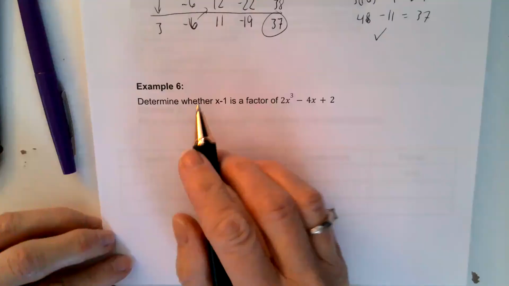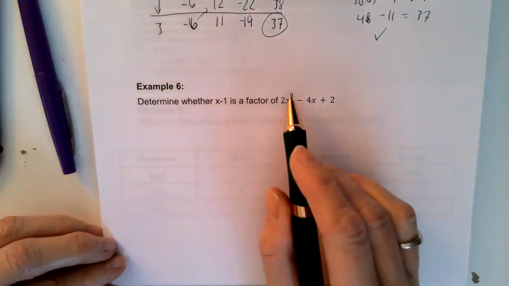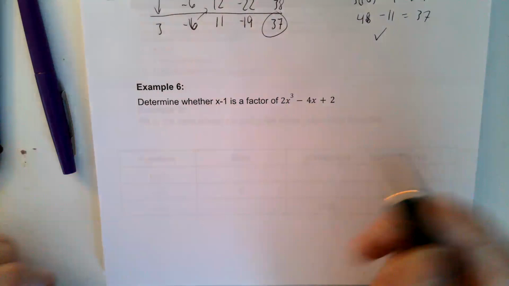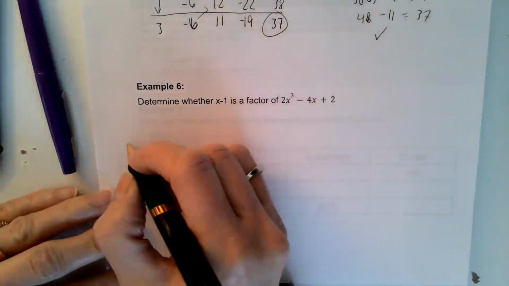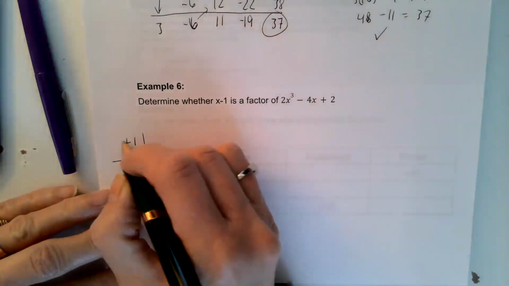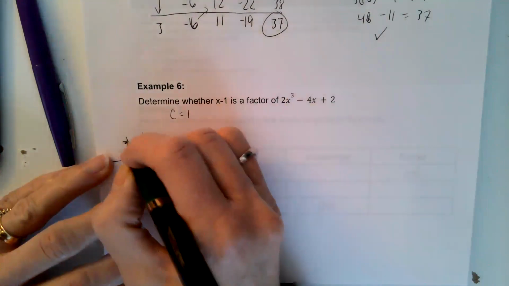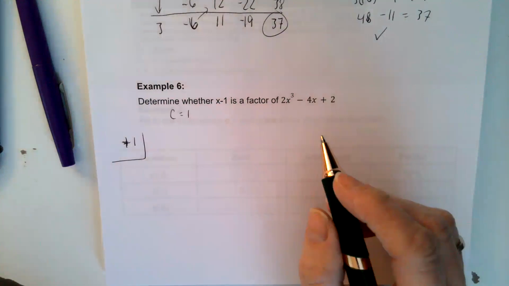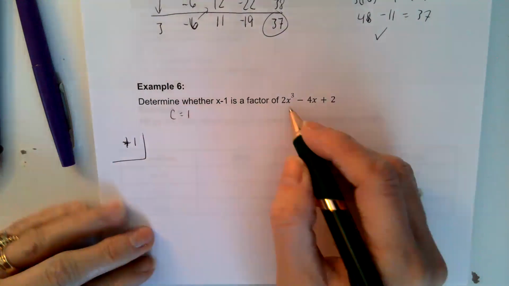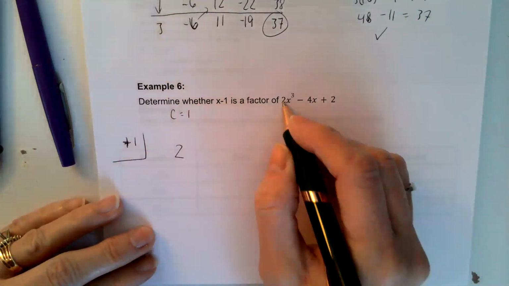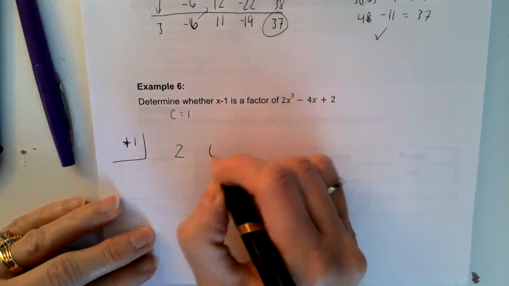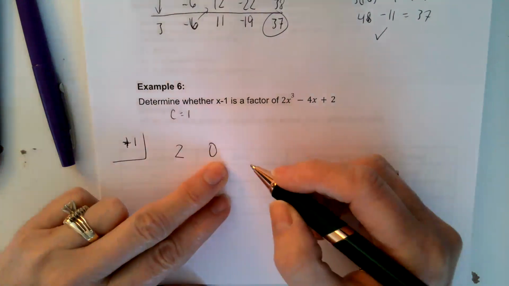So it says determine whether x minus 1 is a factor of 2x cubed minus 4x plus 2. If it is a factor, then when we divide using synthetic division, c is equal to 1. If my remainder is 0, then it is a factor. So my coefficients are 2. I'm missing an x squared, so I have to put a 0 as my place value.